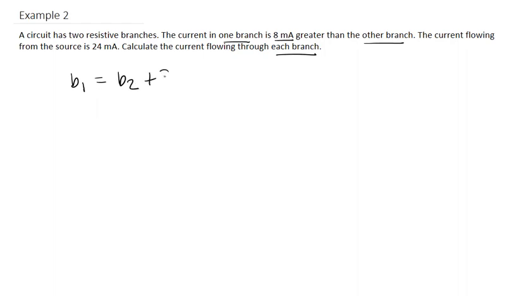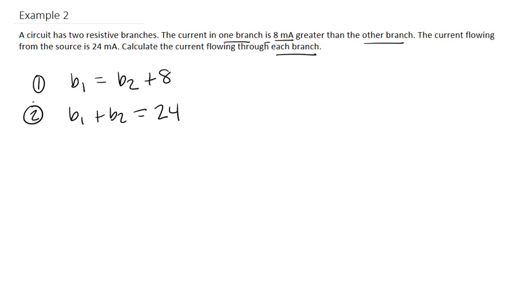We'd have to add 8 to branch 2 in order to be equal to branch 1. Now the current flowing from the source is 24 milliamps. So that means B1 plus B2 equals 24. So we have our two equations with our two unknowns, so we can solve.